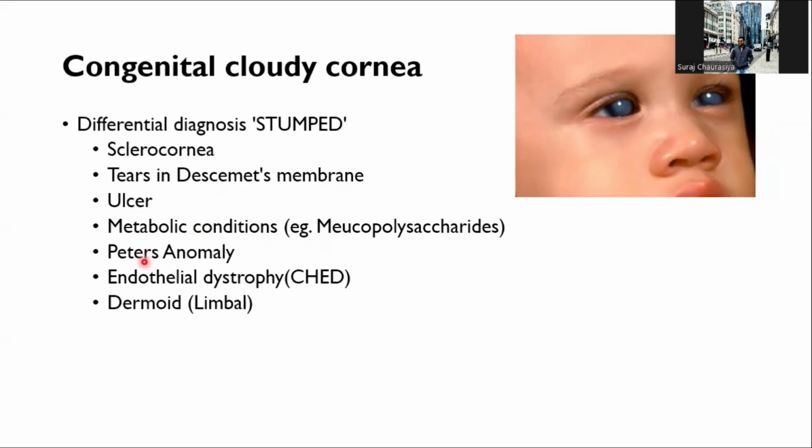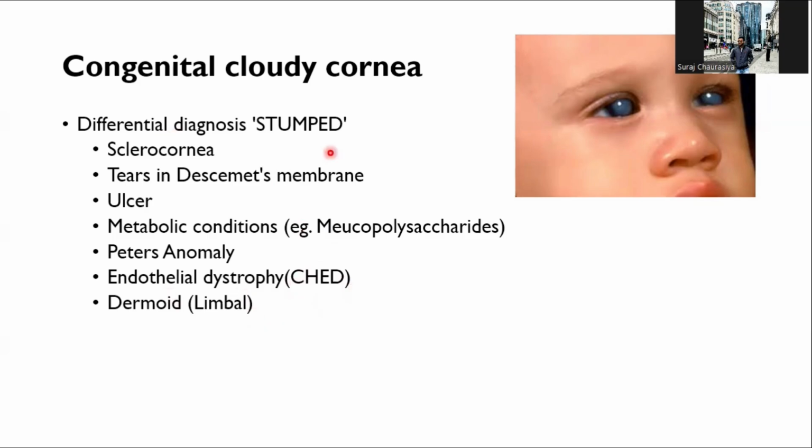Another anomaly is the Peters anomaly. In these conditions also you will be seeing the cloudy cornea. Endothelial dystrophy, especially congenital hereditary endothelial dystrophy. In these conditions also you will be seeing the cloudy cornea, and the limbal dermoid.